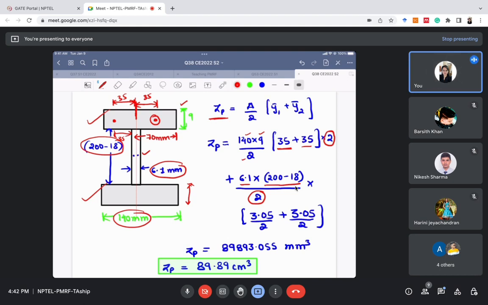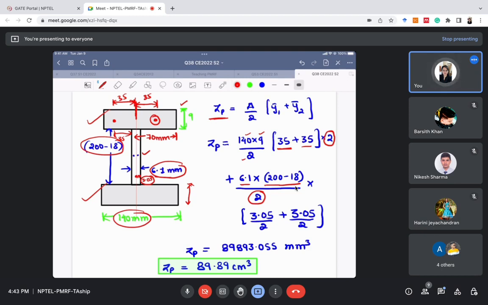The total thickness is 6.1 mm, half of the thickness is 3.05 mm, and CG will be at half of this. So y1 bar plus y2 bar.